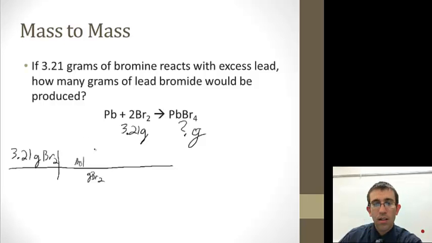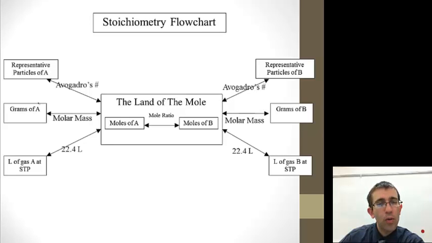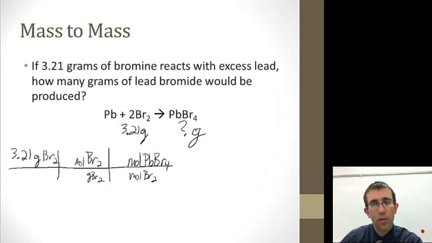And let us remember that when you have grams and moles together, the chemical has to be the same. So Br2 and Br2. But we don't want moles of Br2. We want to go to moles of PbBr4. If we flip back to our mole map real quick, we'll see we went from grams to moles, and now we're going from moles to moles.